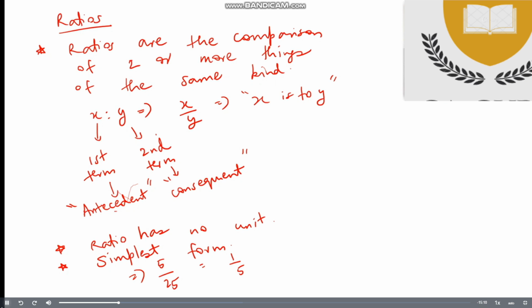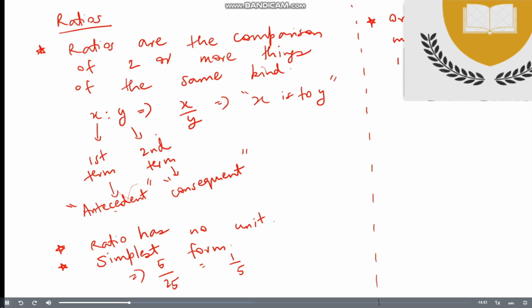Then order of the terms is important. Order of the terms must be maintained. As in, 1 is to 2 is not equal to 2 is to 1.